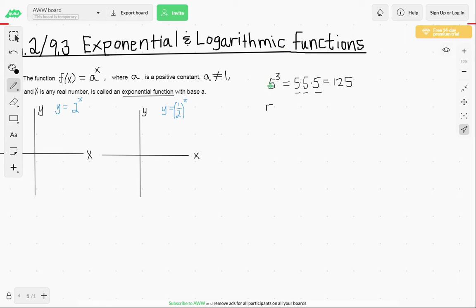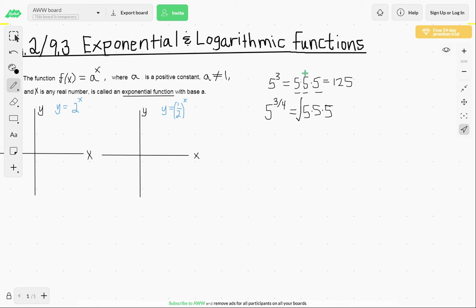But let's say it's a rational number. What if it's 5 to the 3 over 4? We know what to do in this situation too. We learned previously that whenever you've got a rational number exponent, we can convert it into a radical expression. We write 5 times 5 times 5, since it's still 5 to the third, but with the 4 in the denominator we have to take the 4th root.